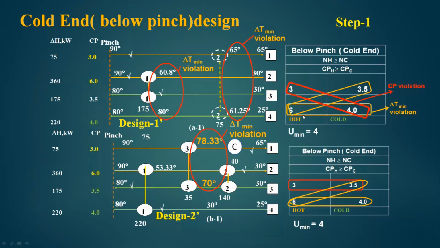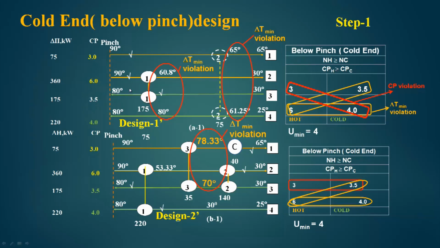Now, if we see this table which is CP table, we can match 6 with 4.0, we can match 6 with 3.5 and both these matches are valid, as in this case CPH is greater than CPC. Now, if we see here, then this is the hot stream which is stream number 2 which has got a Cp of 6 and this is the cold stream which is stream number 3 which has a Cp of 3.5.